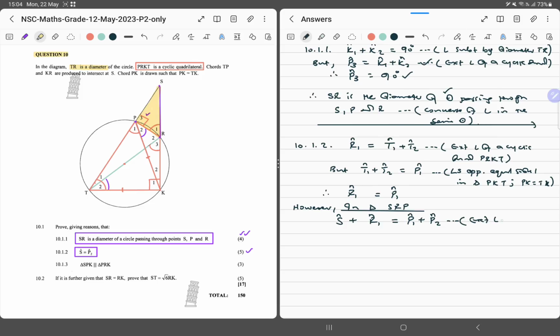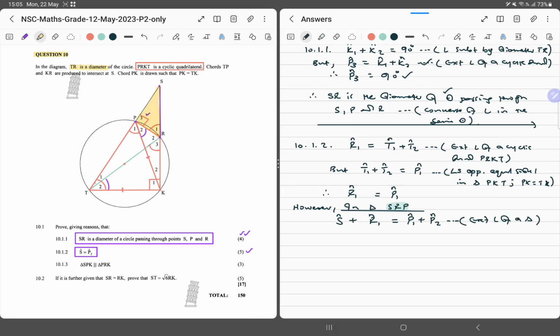This is an exterior angle of a triangle. We've already stated which triangle that is. The triangle is SRP or RSP or PRS, whatever. PSR, you're not allowed.